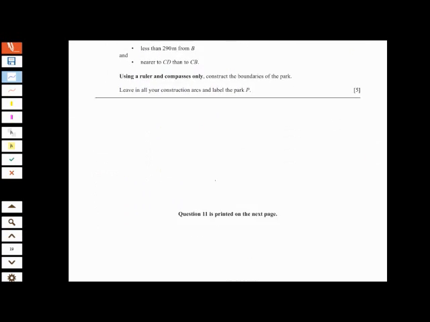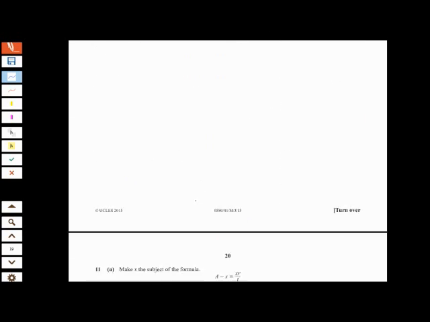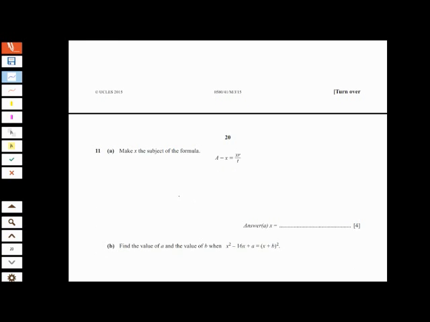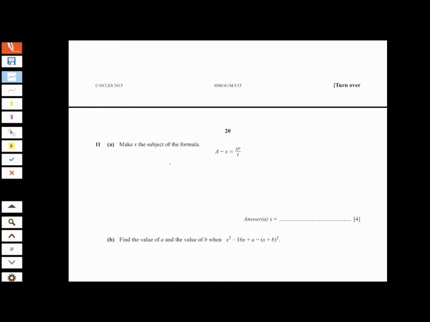Okay. For this one, make x the subject of the formula. You simply make it the subject. What you do is multiply t by all, which equals xr, and then you move xr with xt.